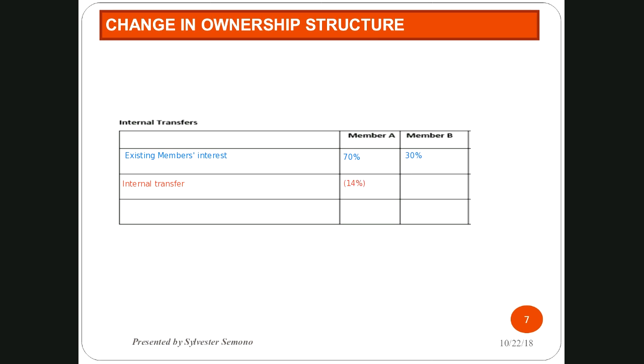So make sure that you understand this. We give to member B. I think everyone is following. Thank you very much. And then now let's find the new members' interests. How much is 70 minus 14? 56%.